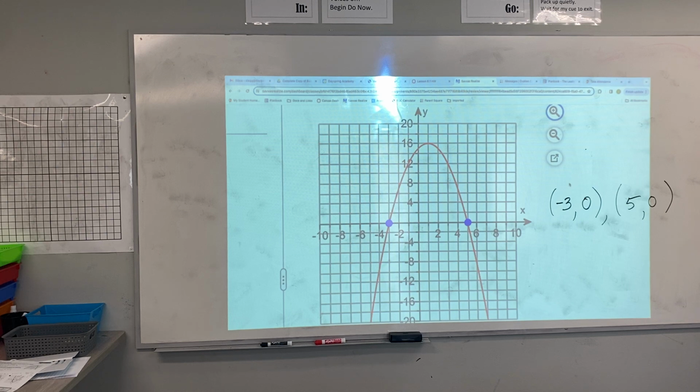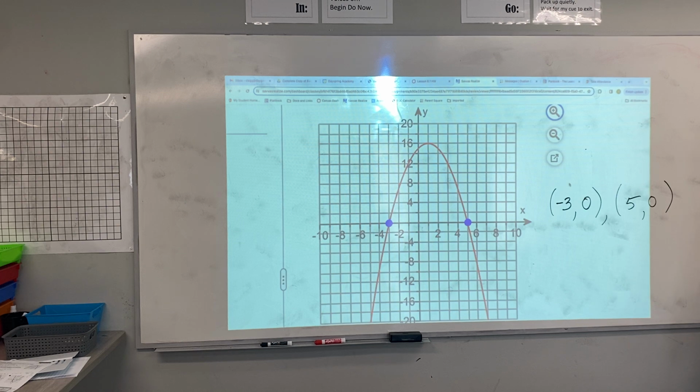Oh, okay. So this would be a tricky one to explain. I would simply just say, identify the ordered pair where the parabola intercepts the x-axis. It's a very simple explanation. There's nothing deep to it.